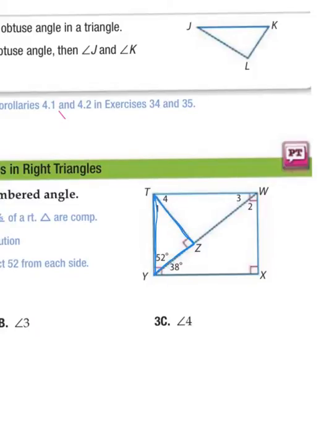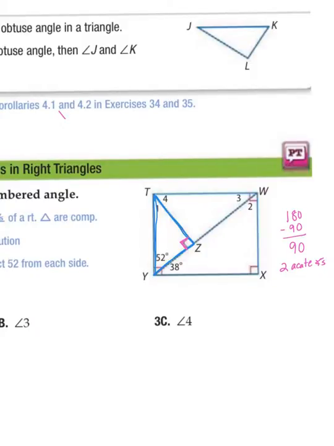I know it's a right triangle because I have the right angle symbol. Now, there's 180 degrees in every triangle. There's 180 degrees in a right triangle. But I know that 90 of those degrees are accounted for in the right angle. Therefore, the other 2 degrees, the 2 acute angles, have to add up to 90 degrees.